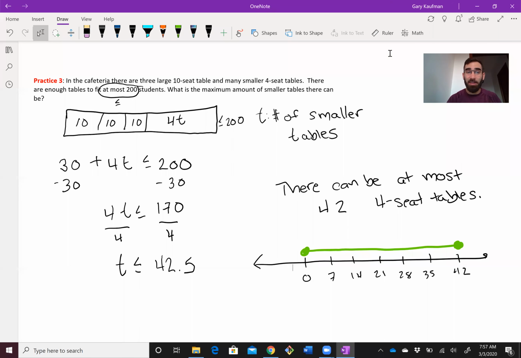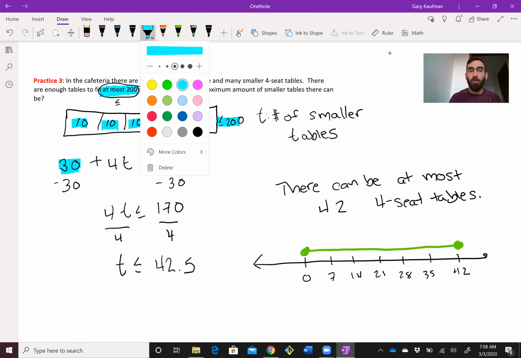So here's the answer key to practice number 3. I saw at most 200, which means I'm less than or equal to 200. I drew this diagram showing that I had 3 large tables of 10. So 10 students, 10 students, 10 students. That's where I got the 30. I then saw that I had an unknown number of smaller tables.